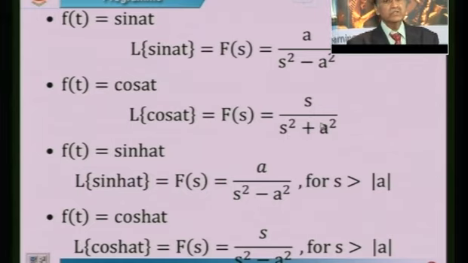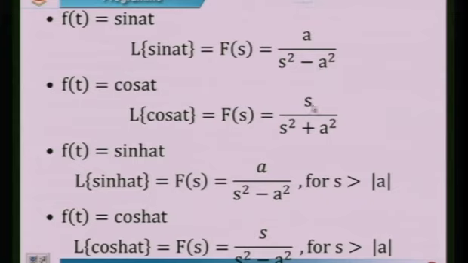As you all know, during these derivations you remember, and it is easy to put it in the list of all these results. For the sine function, the numerator is a and the denominator s square plus a square, and for the cos function, it is s divided by s square plus a square.